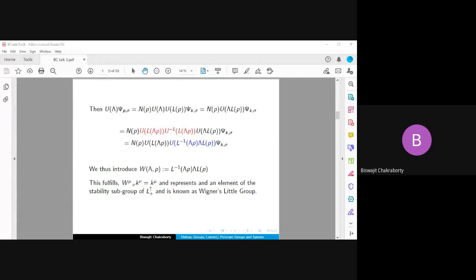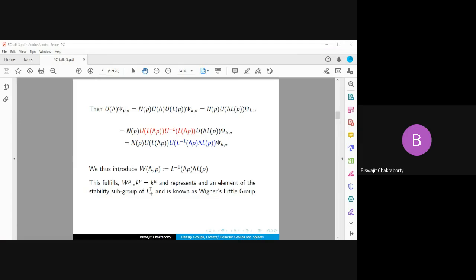Now you see this L inverse of Λp, Λ L_p is what we denote by W(Λ,P), because it has dependence on both Λ and P. Now, on its action on k^μ, you can easily see that from k you are coming to a four-vector p, and then Λ will take you to Λp.